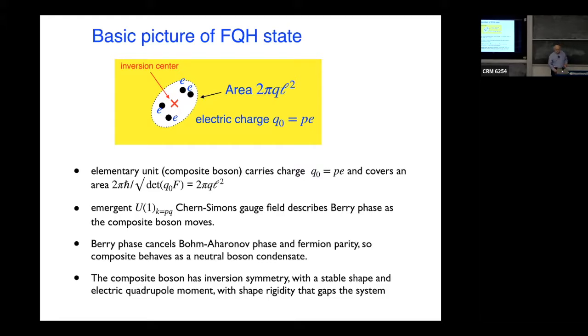It's somewhat analogous to an easy-axis ferromagnet with a Zeeman term, where the Zeeman term makes the energy lowest when the magnetization points along that direction. It can fluctuate about that direction, but the energy is minimized by choosing the right quadrupole moment.